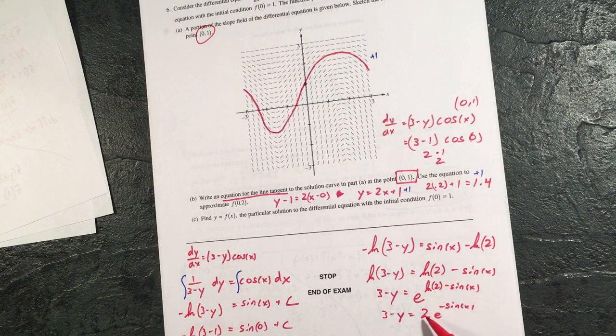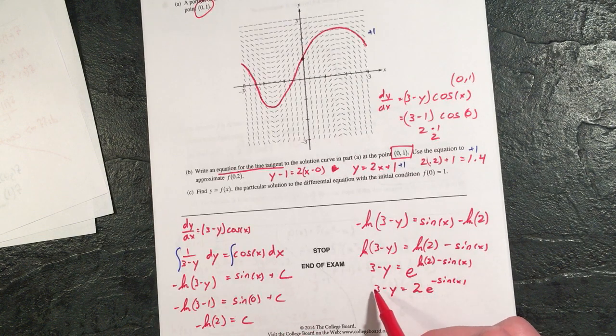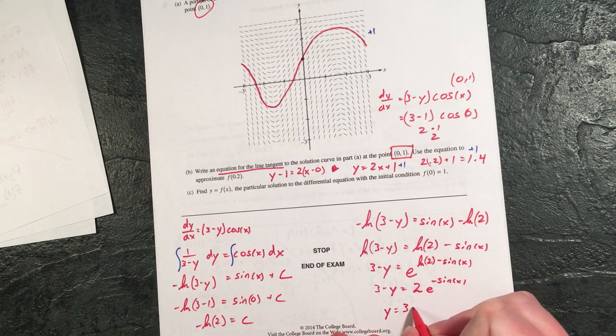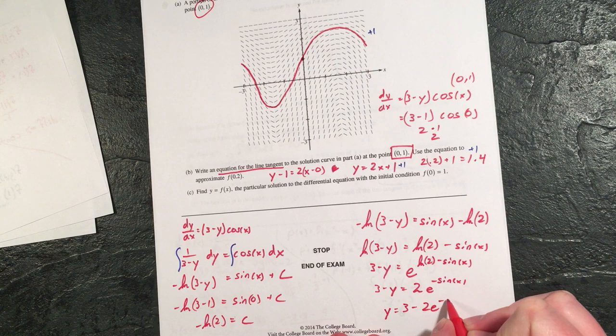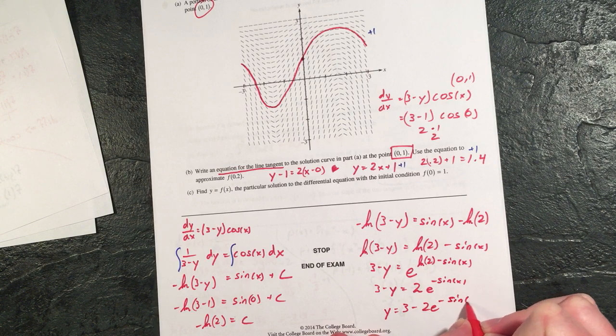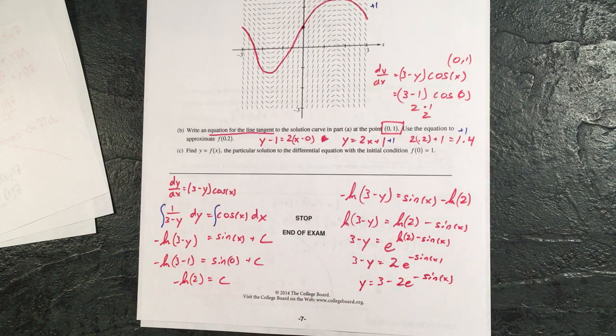So the e to the ln of 2 is just the 2. We're still multiplying the e to the negative sine of x, so that's okay. Subtract the 3, negate everything. That's all just going to leave us with y equals 3 minus 2e to the negative sine of x. And there we go.